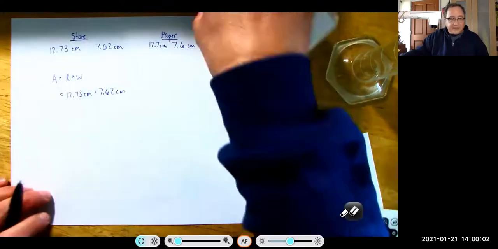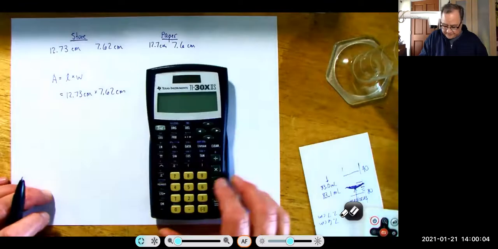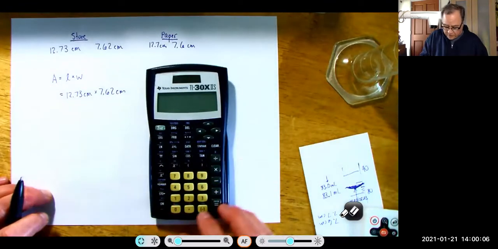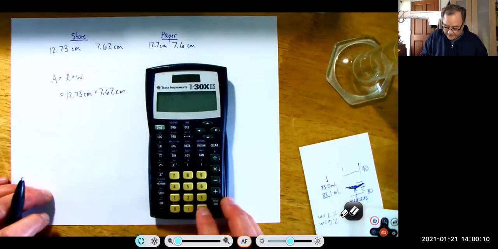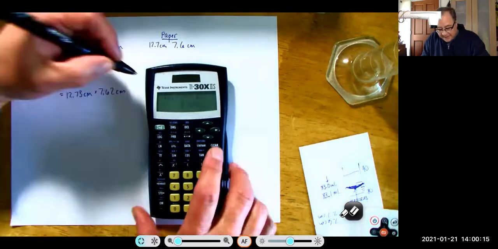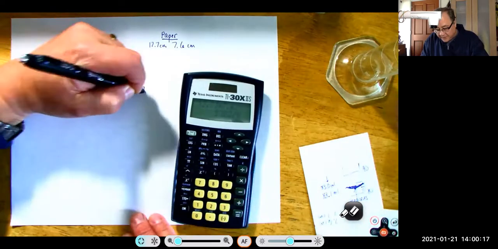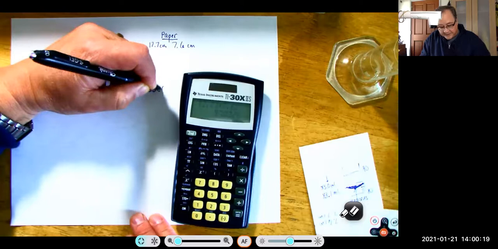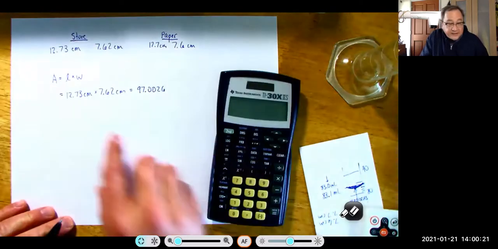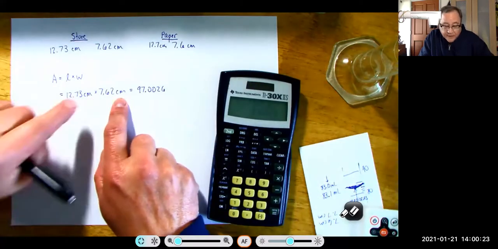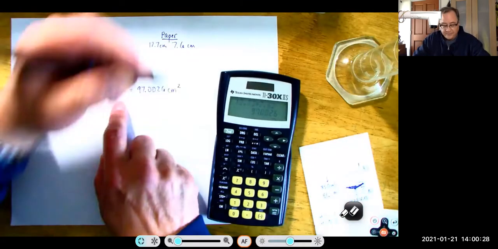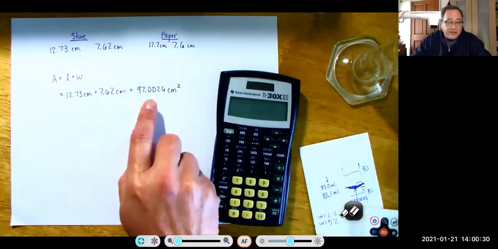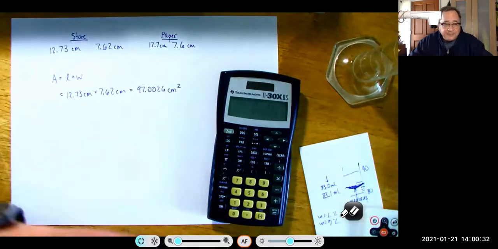When I plug this into my calculator, 12.73 times 7.62, I get 97.0026. And I need the centimeters, but since I have two of them, it's centimeters squared. So this is what my calculator puts out as the answer.